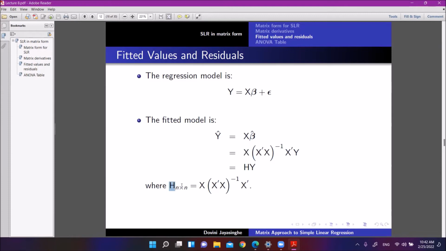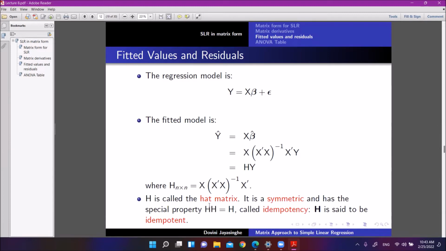This is H. We just denote it for our future use, because this quantity is repeated so many times in some cases when we compute, let's say, SSR, SSE. So for our future derivations, we use this notation. H is called the hat matrix.